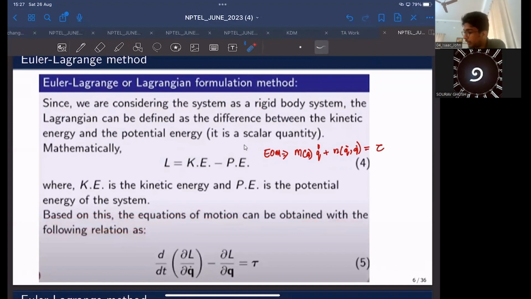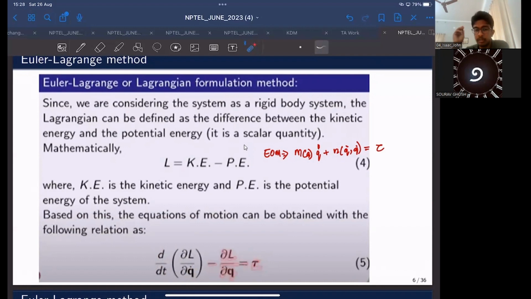So if you want to obtain the torque that is acting on the robotic system, or tau, we take the partial derivative of the Lagrangian with respect to the derivative of the joint coordinates, q dot, and further take the derivative with respect to time, subtracted by the partial derivative of the Lagrangian with respect to the joint coordinates q.